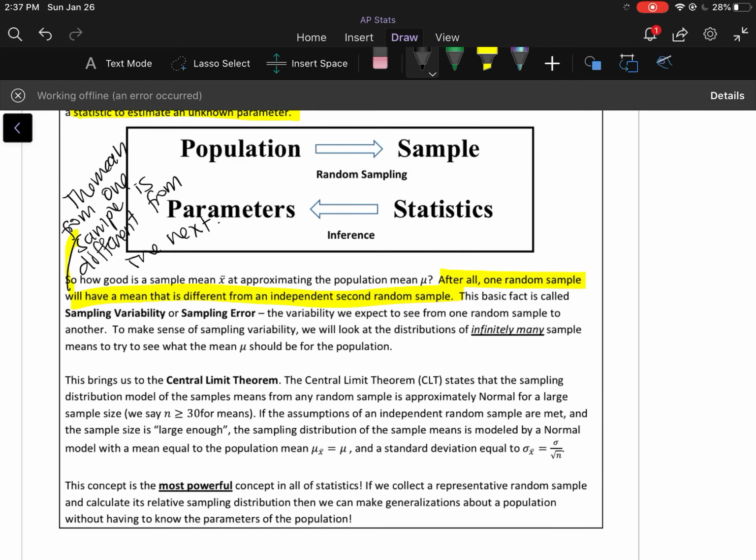Okay, and we're going to do a simulation after this lesson that will make you understand this a little bit better. This basic fact is called sampling variability or sampling error, the variability we expect to see from one random sample to another.